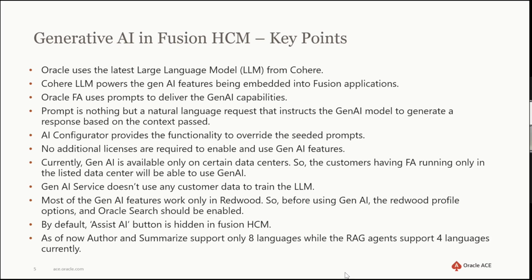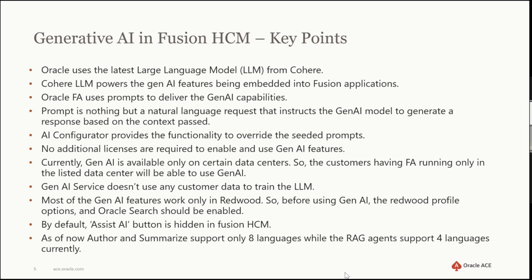The next point is about customer data. Gen AI is very secure. Oracle uses its own guardrails to make sure none of the customer data is used to train the LLMs. The LLMs are trained on public data or different sets of data, but none of the customer data is used to train them. We will talk more about it in the next slide.